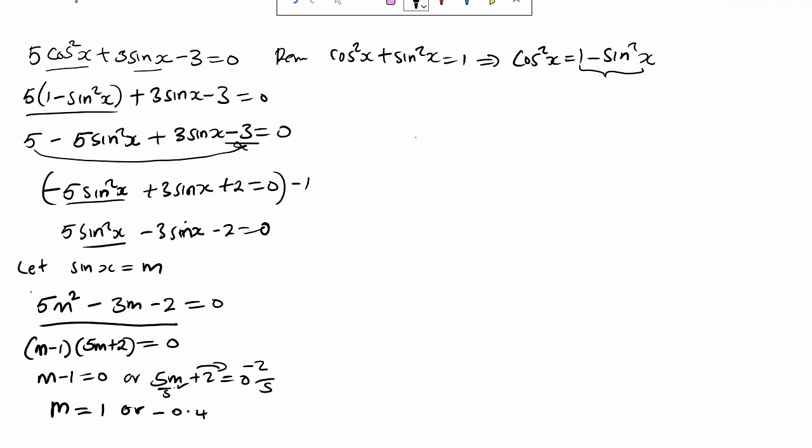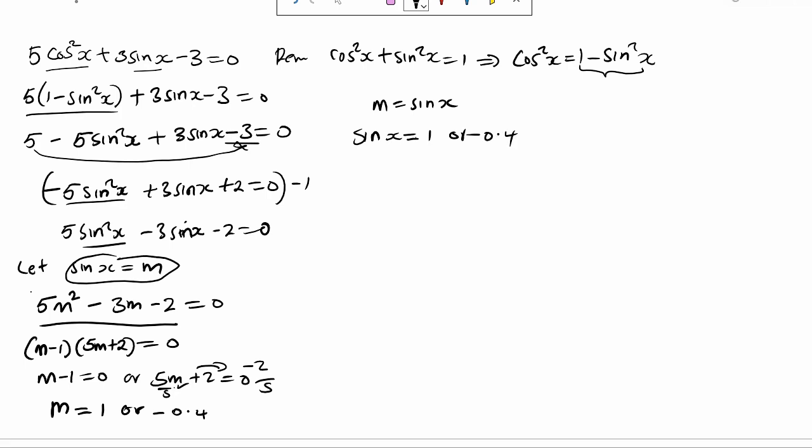Having done that, we can now go back to sin x equals m, and if m is sin x, then it means that sin x is either 1 or -0.4.